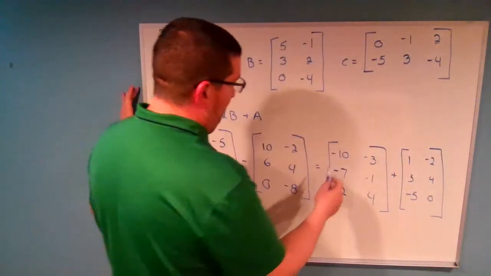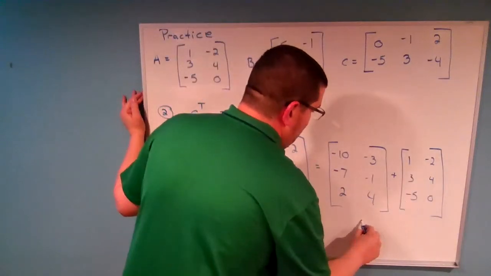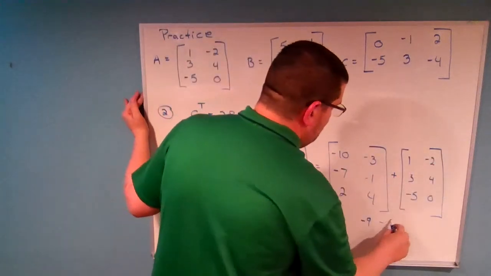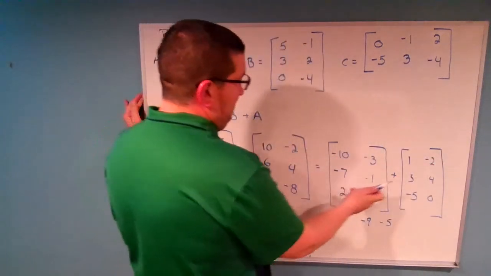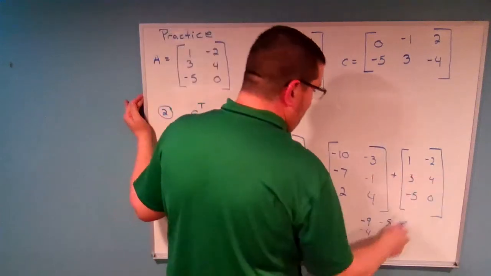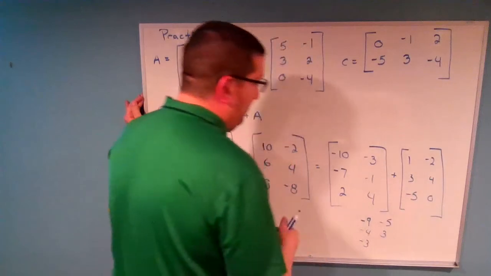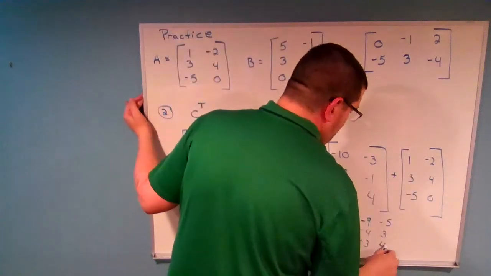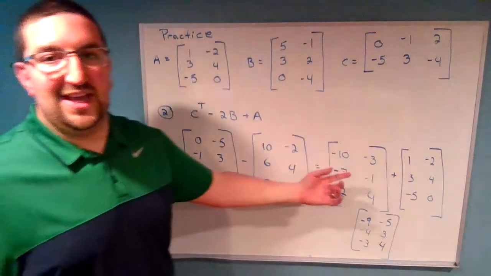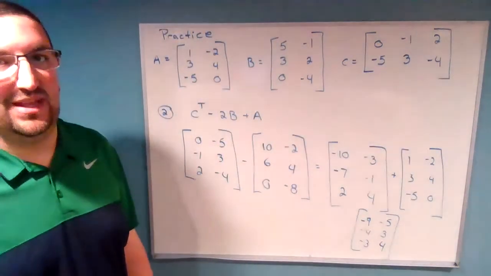And then the result would be negative 10 plus 1 would be negative 9. Negative 3 plus negative 2 is negative 5. Negative 7 plus 3, negative 4. Negative 1 plus 4, 3. 2 plus negative 5, negative 3. 4 plus 0 would be 4. Okay. I'm sorry if that confused you. I decided to just add on that A. That was kind of a last minute thing.